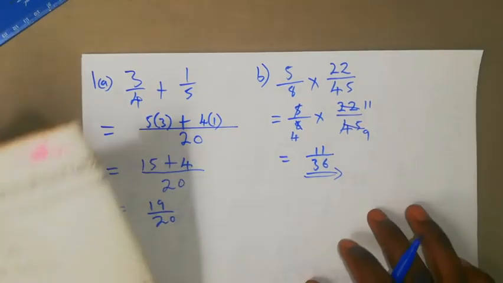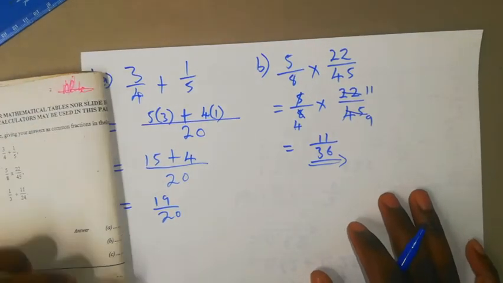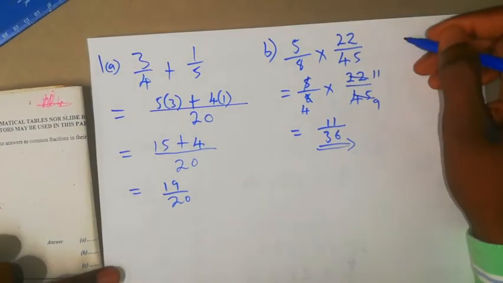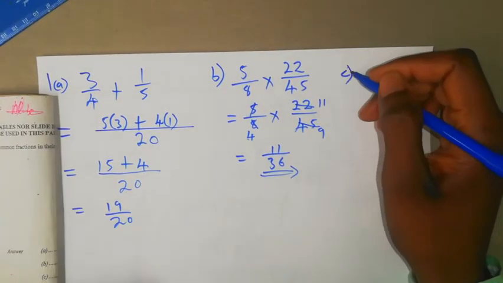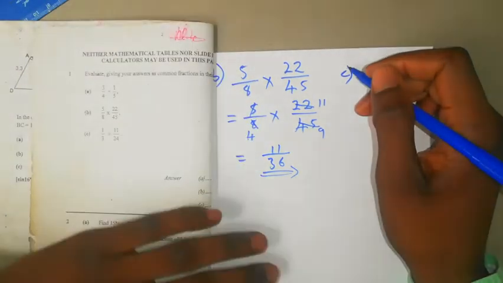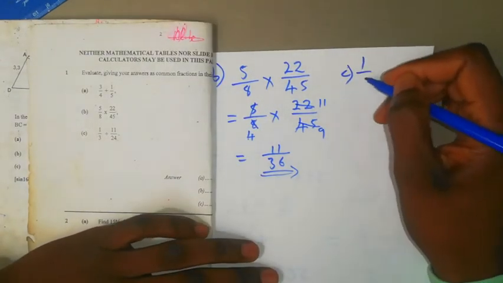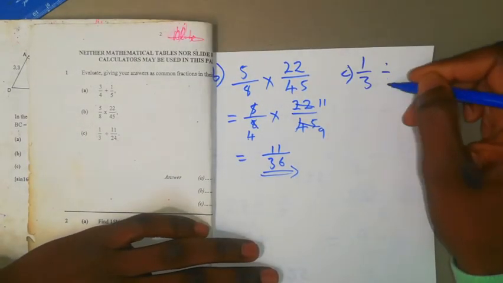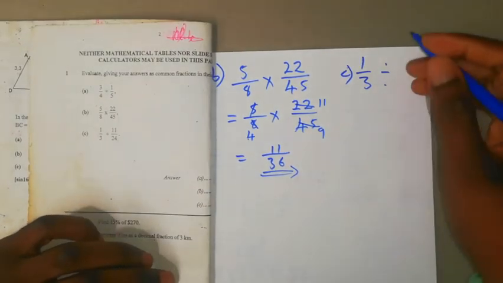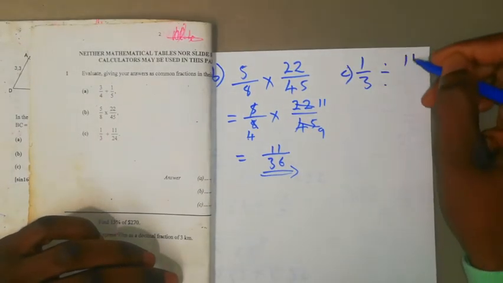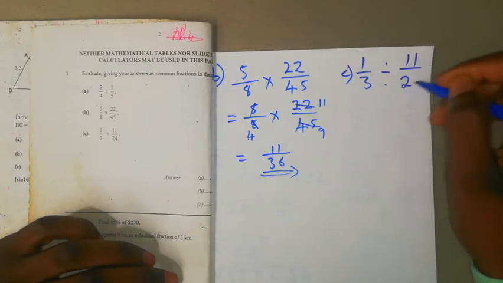Then taking you to the last question. The last question is my C there. In this case, my C is 1/3 divided by 11/24.